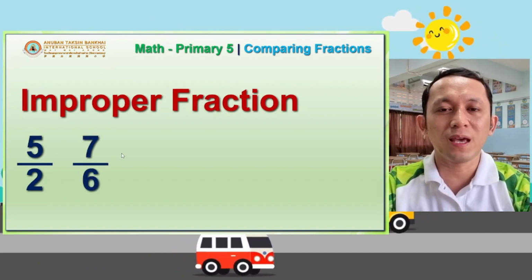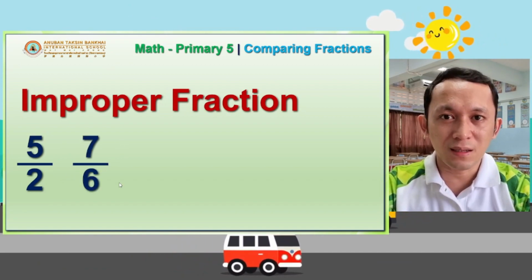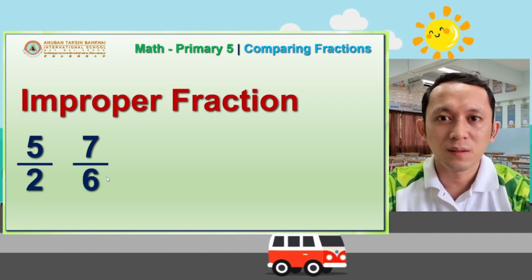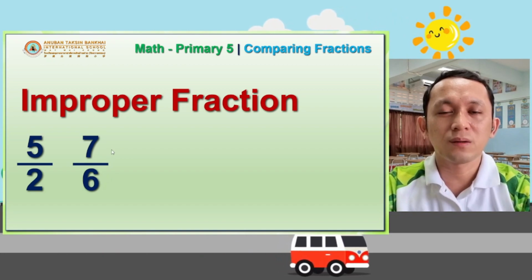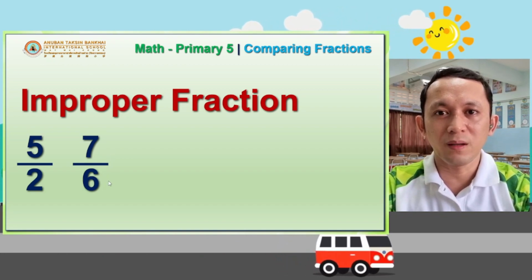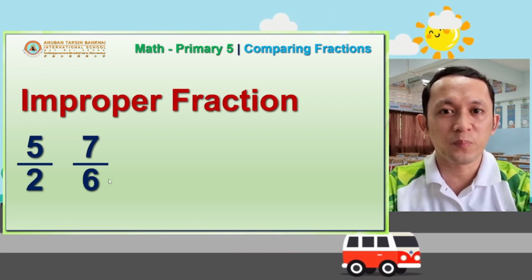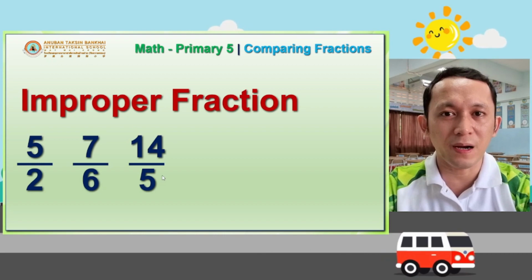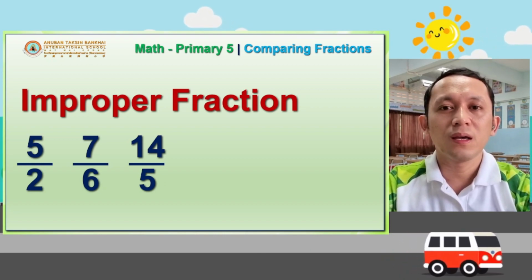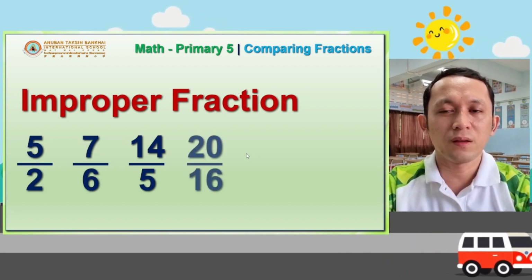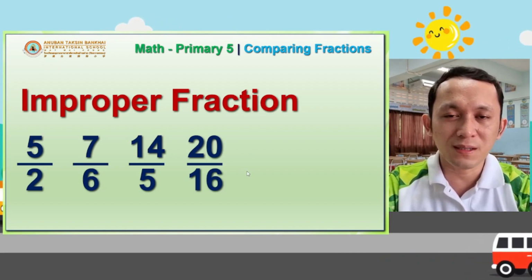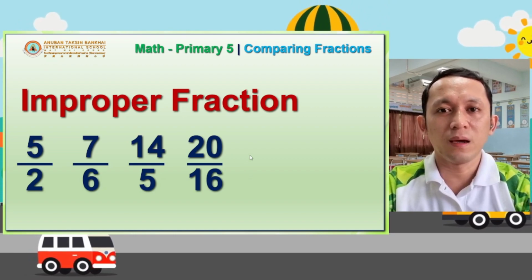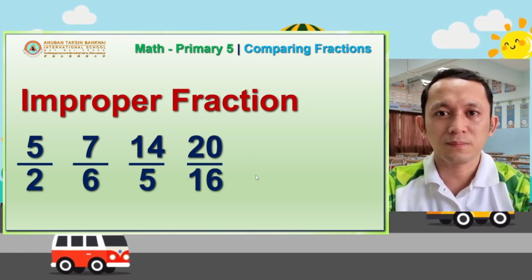Next, another example, we have 7 over 6. 7 is big, 6 is small, so the numerator is greater than our denominator. So this is an improper fraction. Next, we have 14 over 5. Again, this is also an improper fraction. Another, we have 20 over 16. Again, the numerator is greater than our denominator.